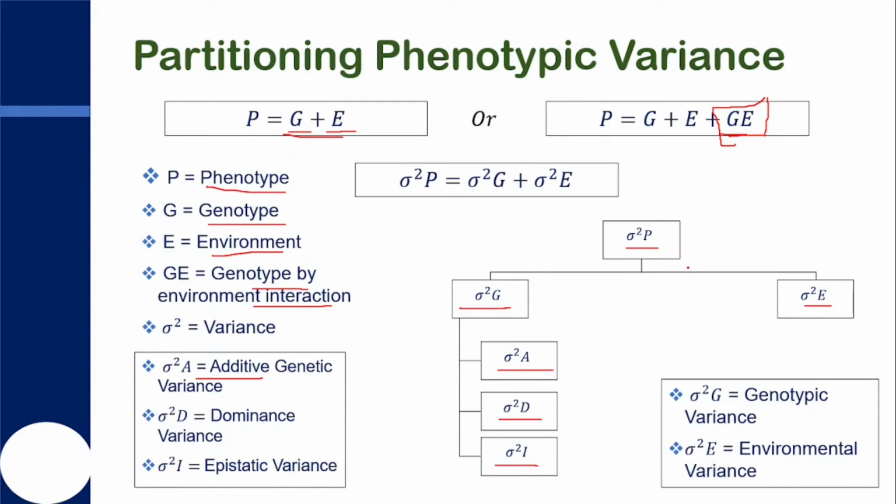So now our equation becomes sigma square P is equal to sigma square G plus sigma square E. So in other words, we can say the variance in phenotype arises due to variance in genotype and the variance in environment. So now we will discuss the components of phenotypic variance in detail.